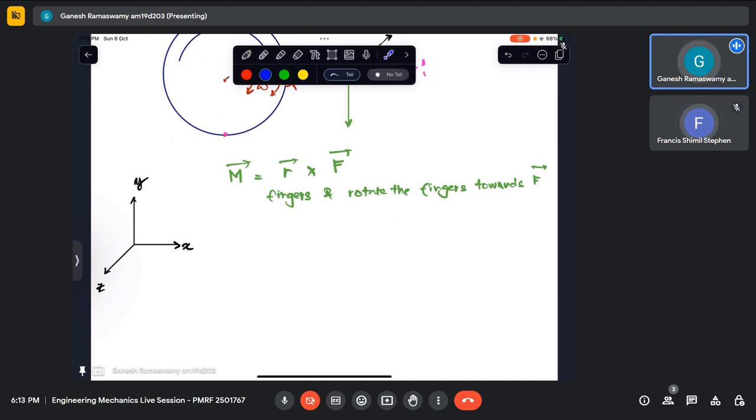For taking X cross Y, your palm has to be in which plane? Your palm has to be in the XZ plane with the fingers pointing towards X. Your right hand has its palm in this plane, the fingers are pointing in the X direction. Then you rotate the fingers towards Y because you are doing X cross Y. In such a case, your thumb will be pointing towards Z.